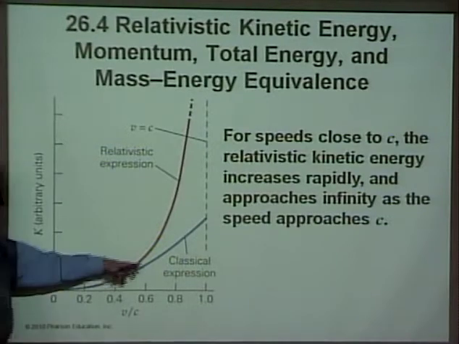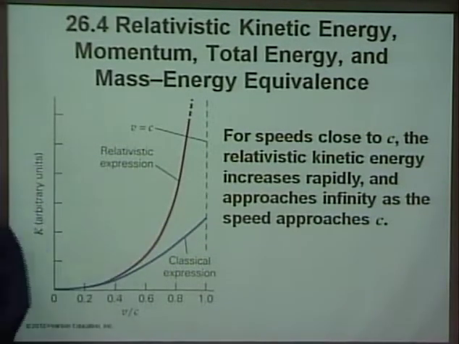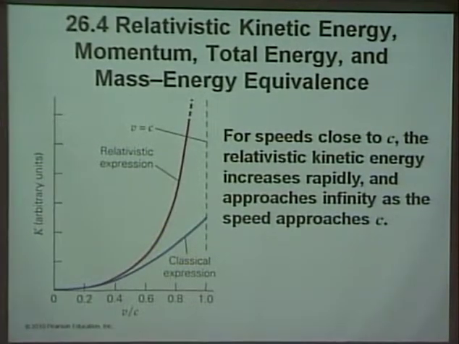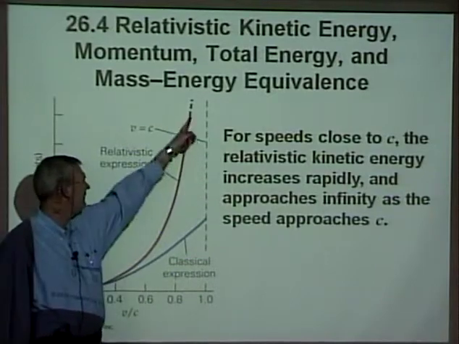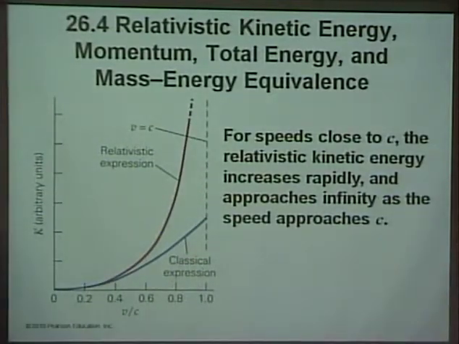Then these measurements here would not be valid. They'd go, wait a minute, we're measuring the kinetic energy of those protons as being way up here because they're approaching here, so the kinetic energy of them is almost going to infinity there. Okay? So you had to account for this thing when things are going very, very fast.